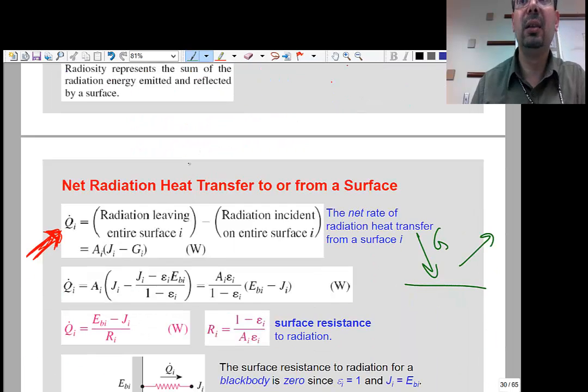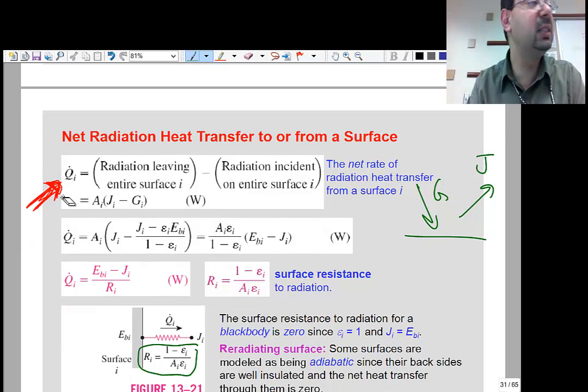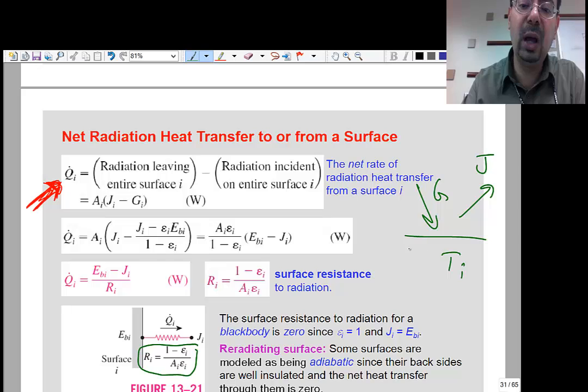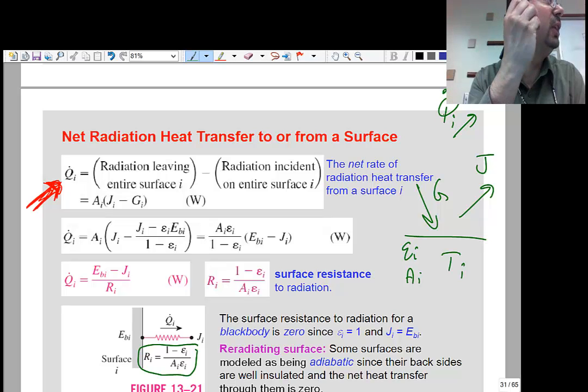J. So the radiation leaving that surface, if you want to find out, the surface sits at T I, with an emissivity of epsilon I and area A I. If you want to figure out how much Q dot I it is really radiating, it will be the difference between those two. So J minus G: what's leaving minus what's coming.